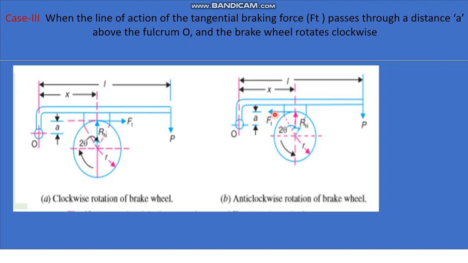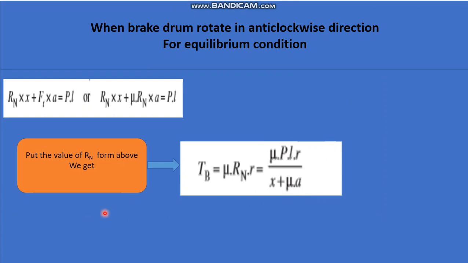Now we can see here forces are the same but direction was changed. Now the direction of the normal reaction and external forces will not change, only the moment of Ft changes. Now we can write the equation.